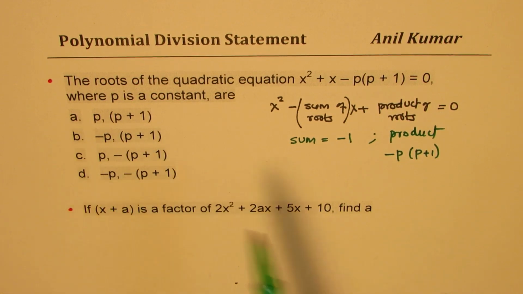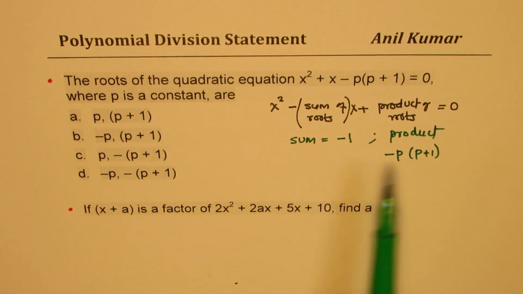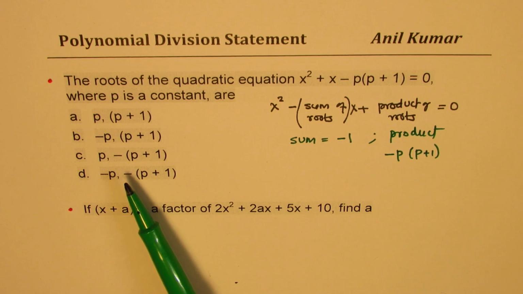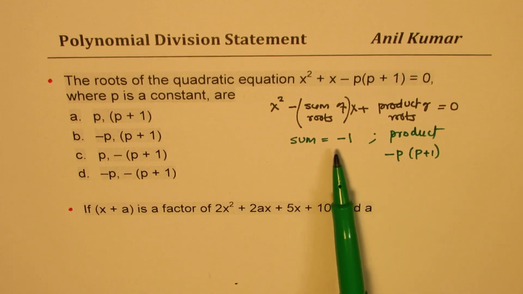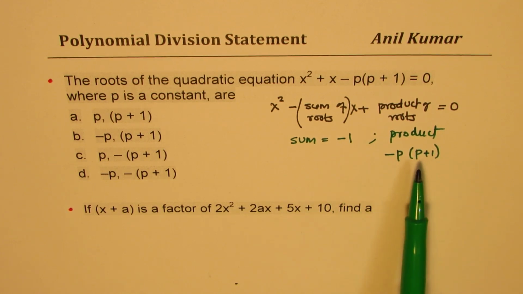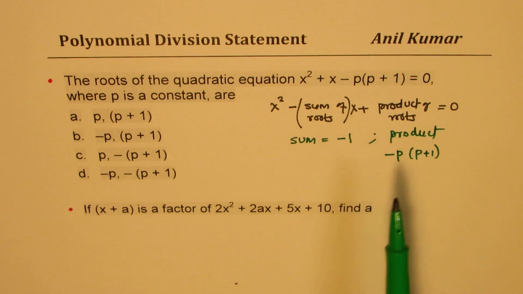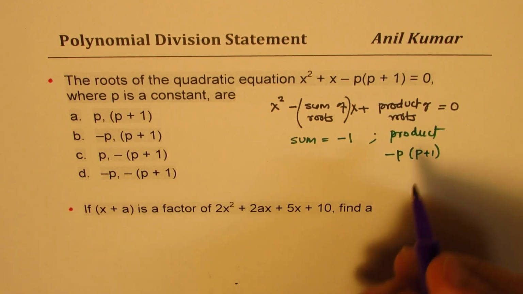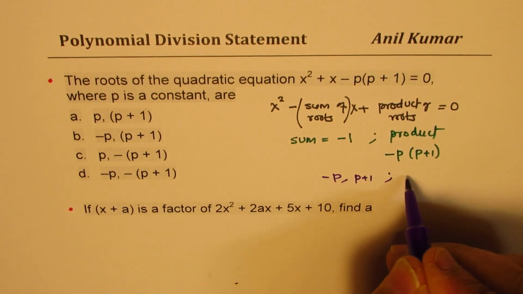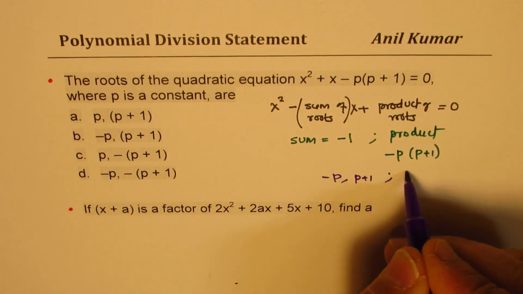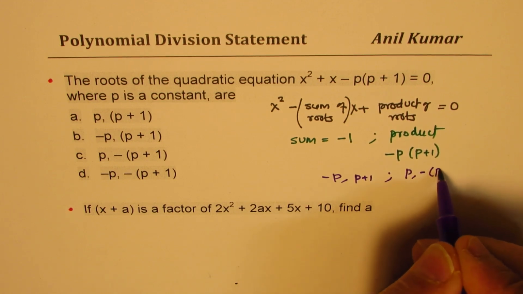Now these are the options. Once you know this basic concept, then it is very easy to pick up the option. Otherwise, you'll get it wrong. Now in these two, what should I add to get minus 1? When I multiply, I'll definitely get minus 1, correct? So the only question here is, should I use minus p plus 1 or should I use p and minus of p plus 1?